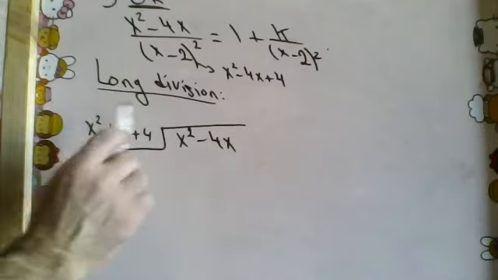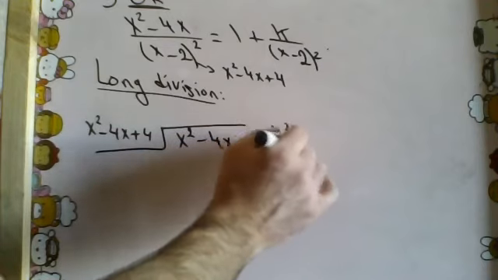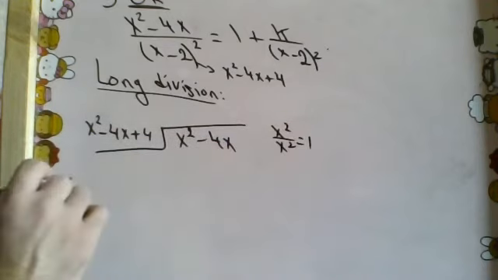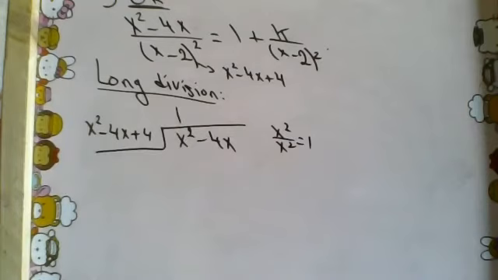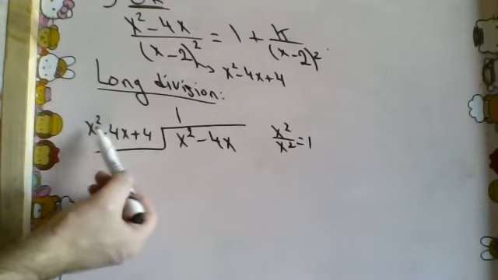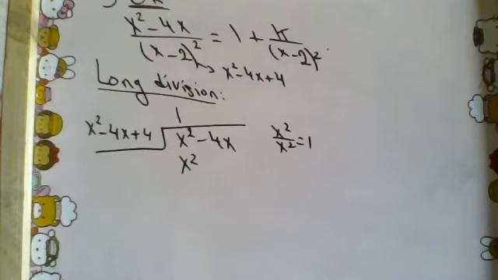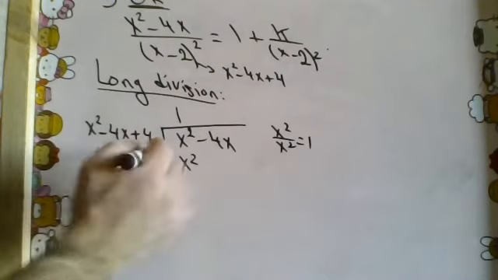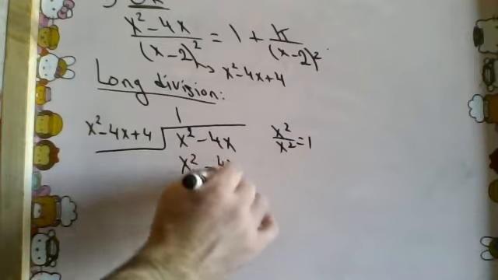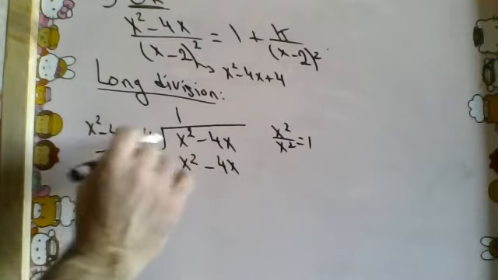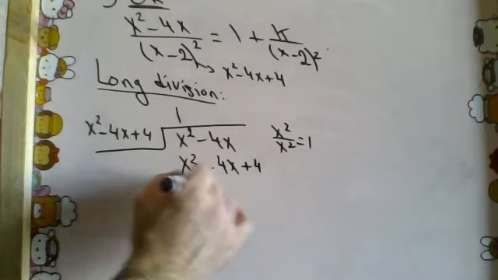So x squared over x squared is 1. You write 1 here. Then you multiply 1 by everything: 1 times x squared is x squared, 1 times negative 4x is minus 4x, and 1 times 4 is 4.